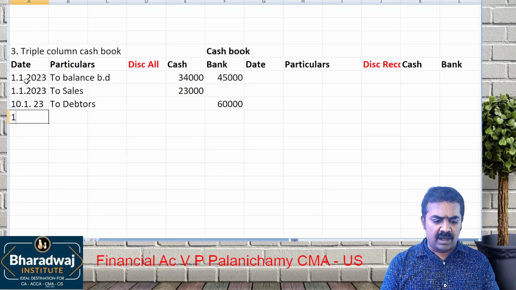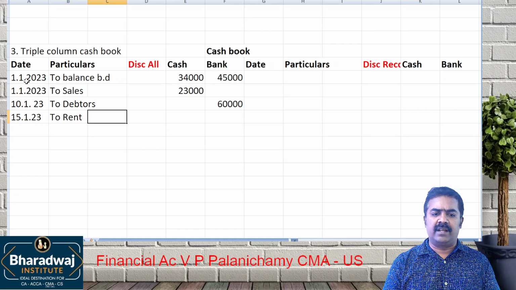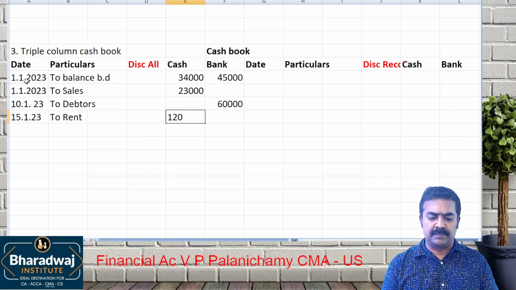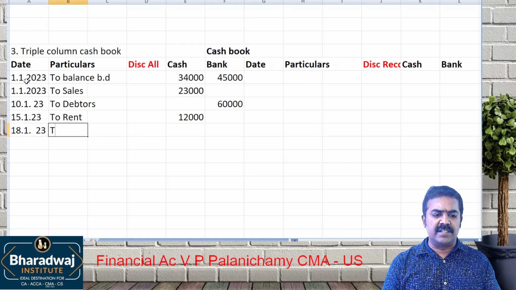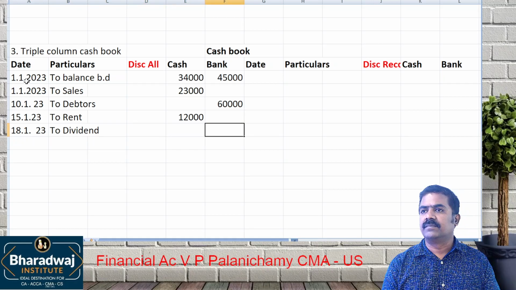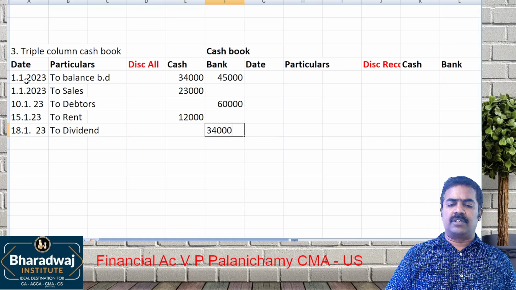Then on 15/1/2023, we collected, let us assume, rent. Cash account debtor to rent, 12,000. Then on 18/1/2023, let's assume we received dividend in check. It will go to which column? Bank column. Let's assume some 34,000 we collected.